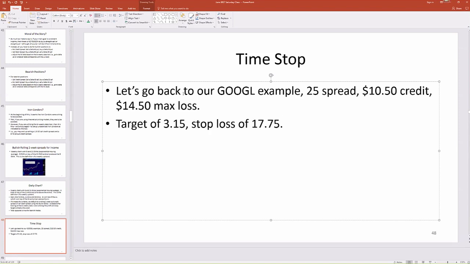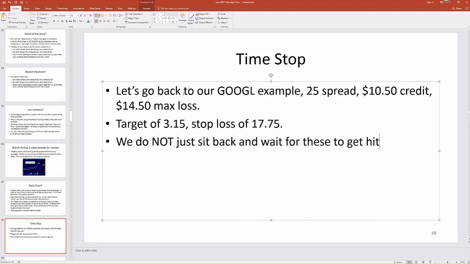Now, at what point? Here's the question. We do not just sit back and wait for these to get hit. If they are not hit by a certain time, then we get out at current prices.